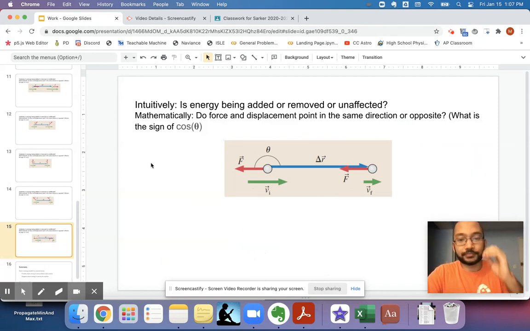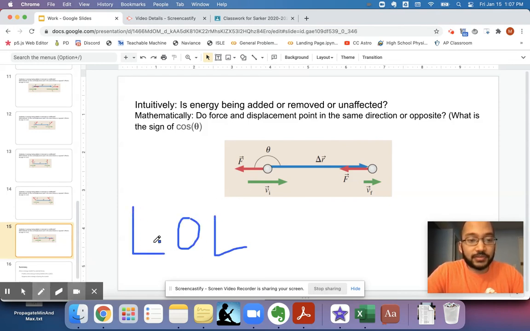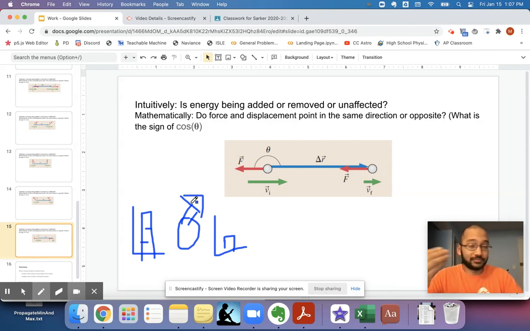Last example, try it out. Okay, hopefully you tried it out. Very similar to the last one. I start off with a certain amount of kinetic, and I'm ending up with less kinetic because the initial velocity is greater than the final velocity; this thing is slowing down. Not a hard and fast rule, but if you're seeing the kinetic energy decrease, that is maybe a sign that energy is being taken away, usually because of some kind of frictional effect.